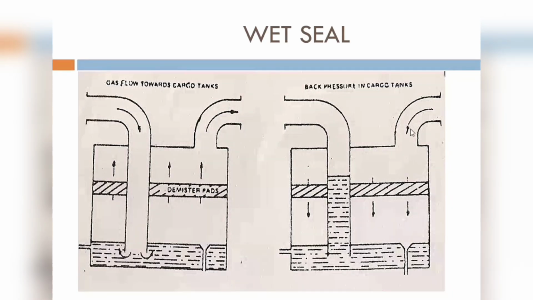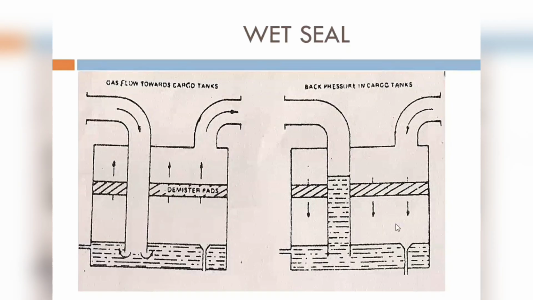So under any condition, it will never allow these gases to bubble through and go to the engine room, because there is a huge amount of water in the pipeline and the pressure is not so much that it will bubble through the water. That is why it is forming the seal. It is not allowing the cargo vapors from the cargo tank to go towards the engine room.